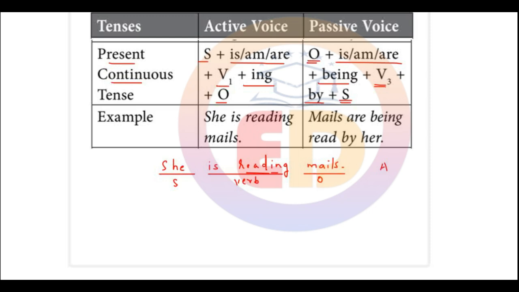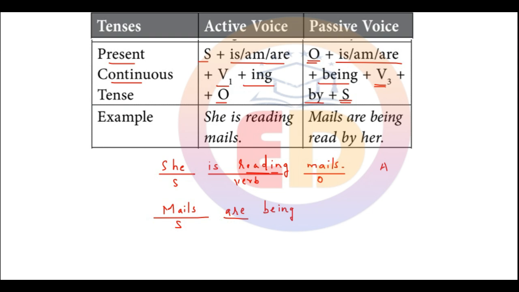The object mails will become the subject, will come in the beginning. The subject mails is in the plural form, so it will be followed by the plural helping verb are, and after the helping verb add being. The main verb reading will be converted to the past participle form.